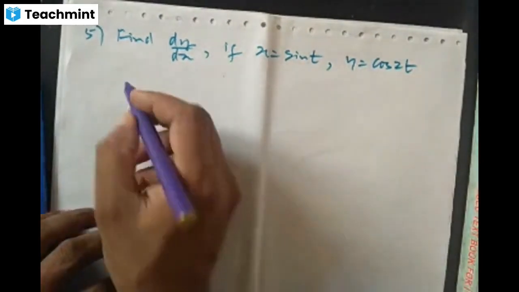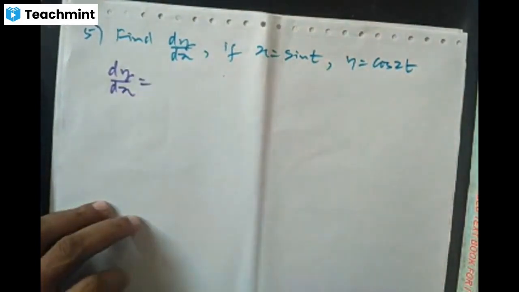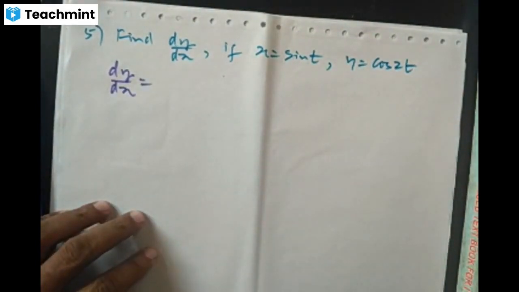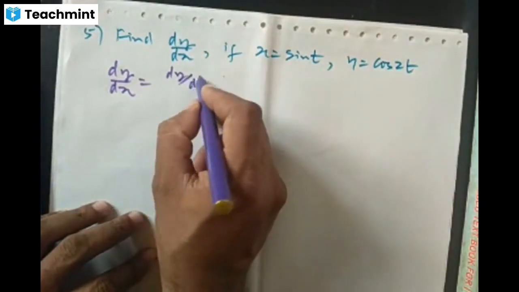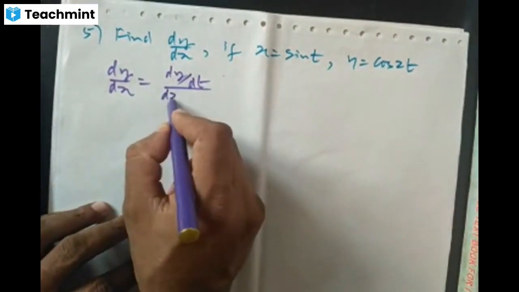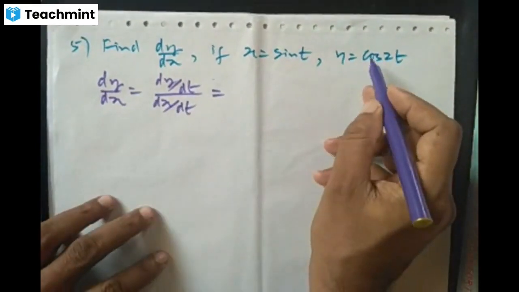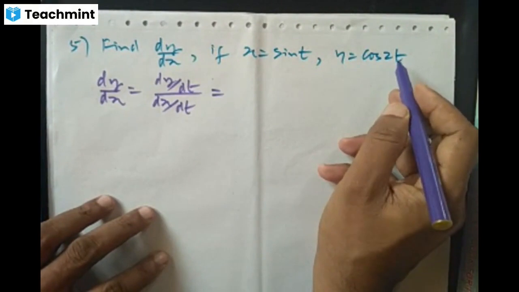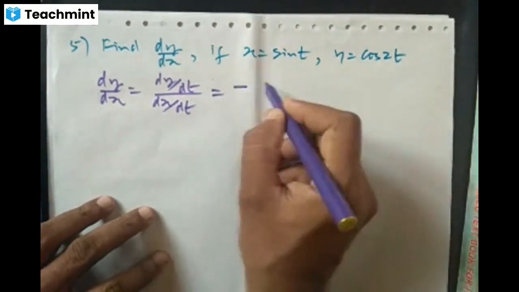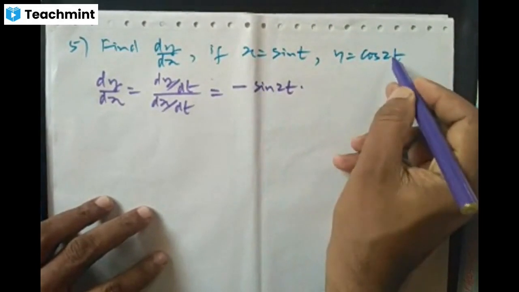To find dy by dx, we write the formula. Dy by dx is dy by dt divided by dx by dt. Now, what is dy by dt? Derivative of cos 2t with respect to t is minus sin 2t into derivative of 2t, which is 2.